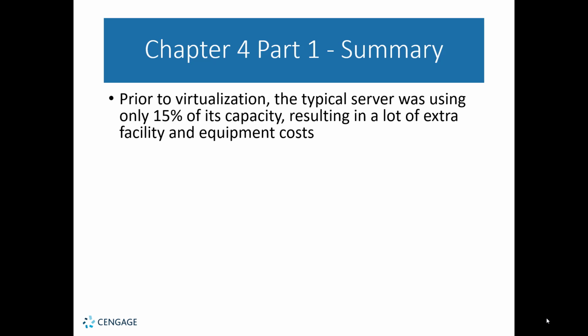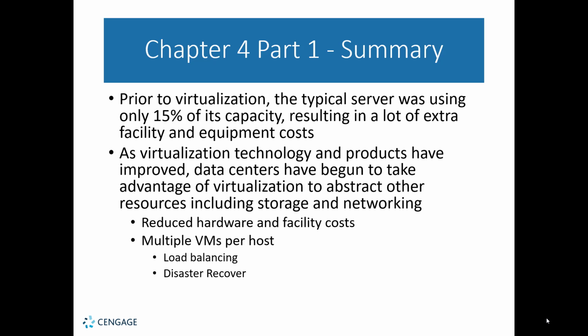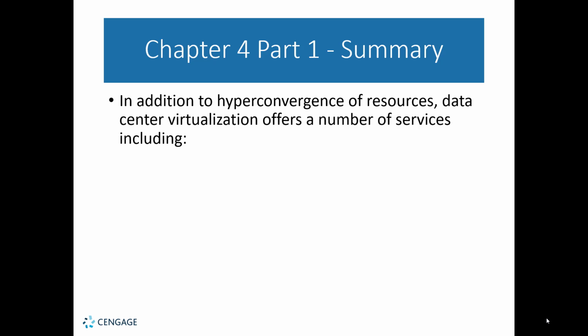As a quick summary, prior to virtualization, servers were using only about 15% of their capacity. So as virtualization technology and products have improved, data centers have begun to take advantage, and today almost all data centers use virtualization. Reduces hardware and facility costs, allows multiple virtual machines per host, and many other features.